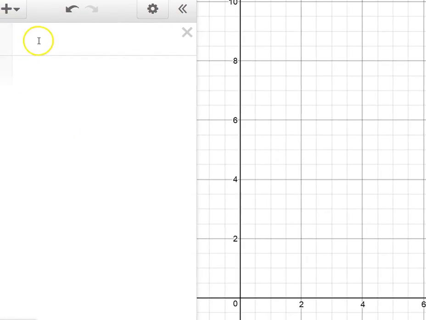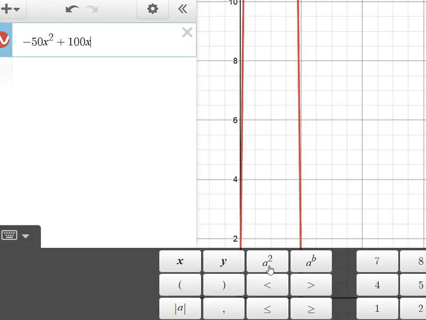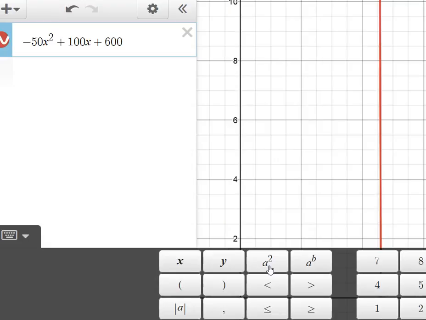So, we said it was equal to negative 50x squared plus 100x, and then plus 6,000.